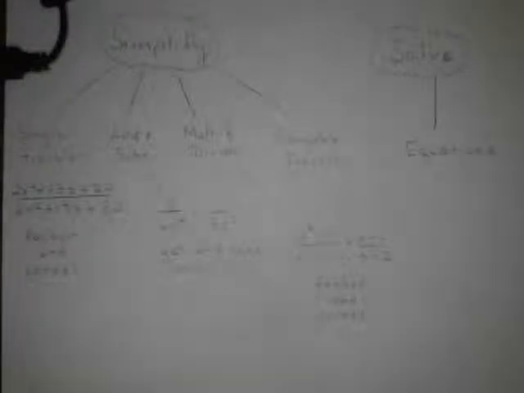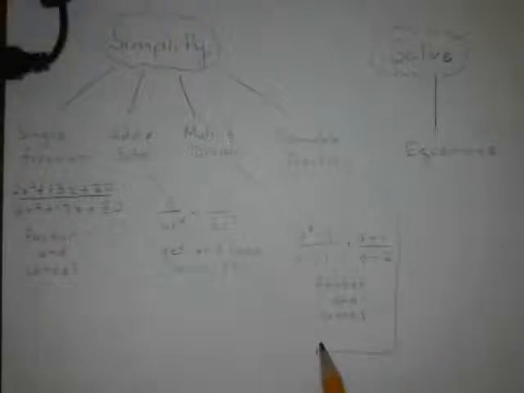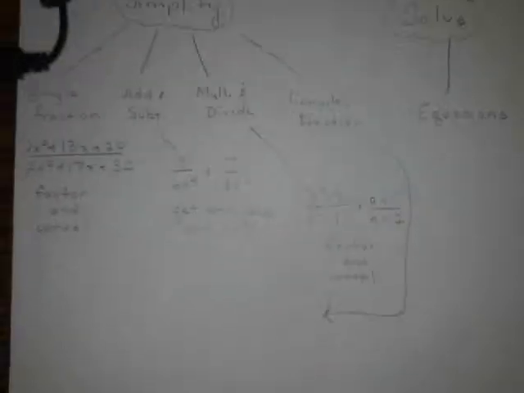Alright, the last type of situation where you would have to simplify is the situation related to a complex fraction, and I'll put my complex fraction example down here. A complex fraction is a fraction or fractions within a fraction. An example would be 2 minus 1 over x divided by 1 over x squared minus 1 over 2.